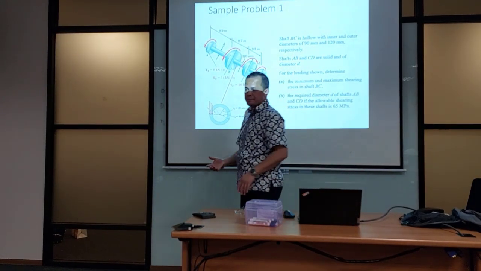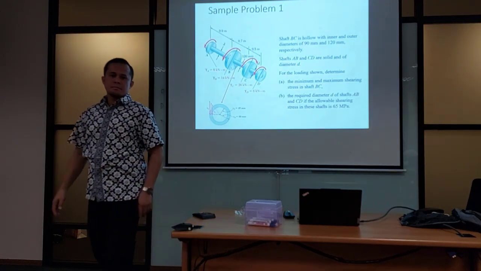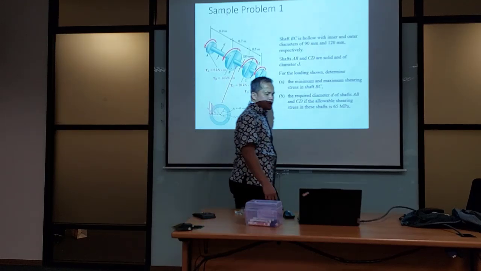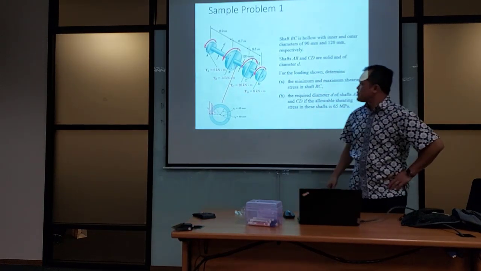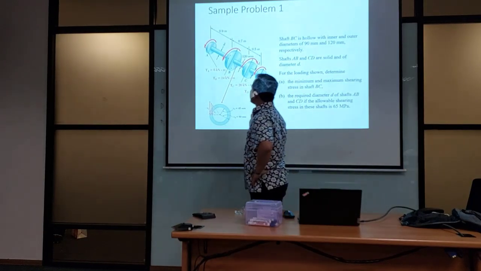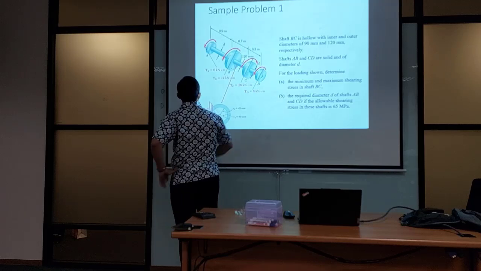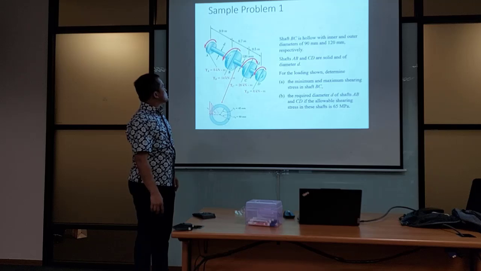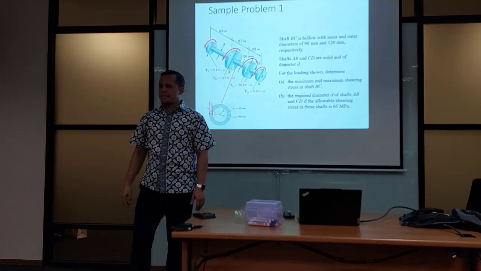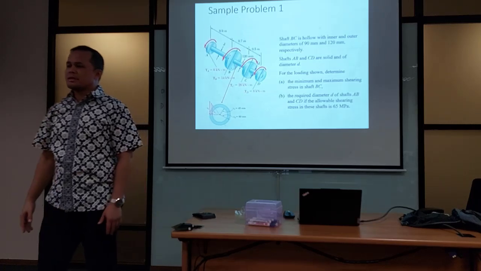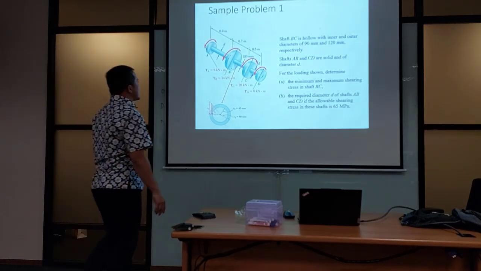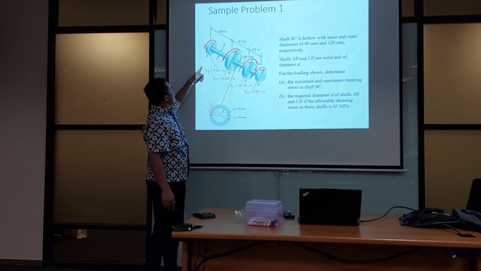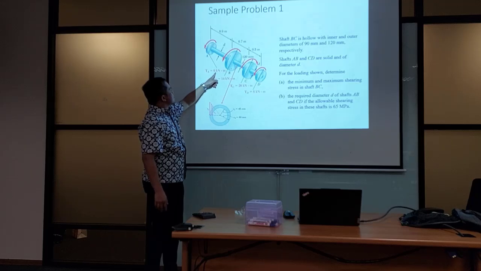Case study. Suppose you have this shaft A, B, C, D. It is connected with gears and pulleys, for example. Each of those gears and pulleys receives torque. The gear at A gets 6 kilonewton meter.